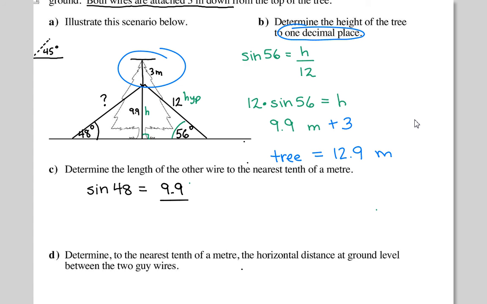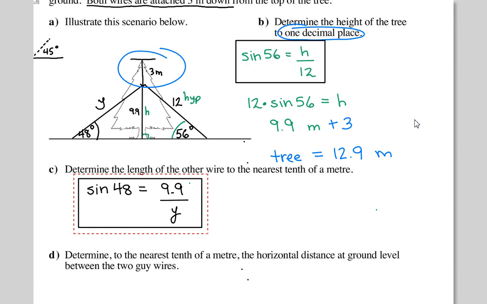I'm going to call that question mark y. Now I want you to compare, I'll put boxes around them, compare this and compare this. What's the key difference between the unknown? Here the unknown is in the top, right?